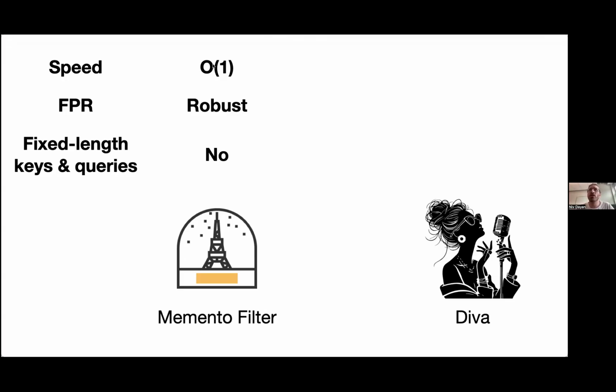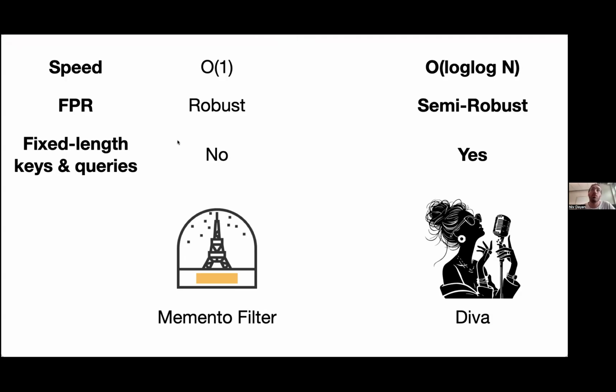Memento filter offers you constant time queries and a robust false positive rate. But the main problem is that it's very hard with range filters to support variable length keys and queries, and Memento filter does not allow you to do that. So it's much more limited in its range of applicability.